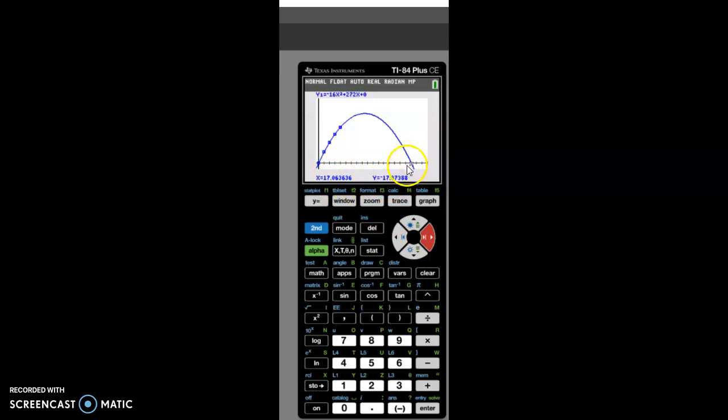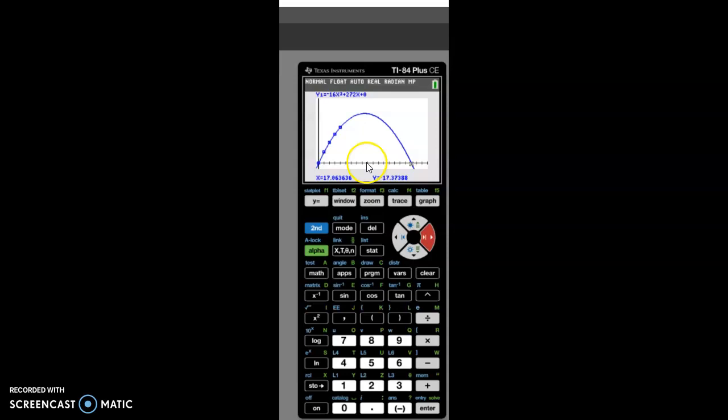So somewhere around 17, that hits the ground. So let's just say approximately 17. So our domain, and we're going to write that down, is approximately 17. Of all the possible x values, it starts at 0 and goes to approximately 17. On my paper, I've just written down that the domain starts at 0 and goes to approximately 17. We'll come back and I'll show you what that looks like when I write it.